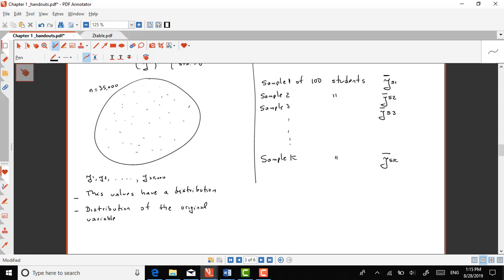And this is a concept that is key to almost everything that we do in statistics. Just as we could organize these values in Excel after we take our samples, we have k values for the sample mean.